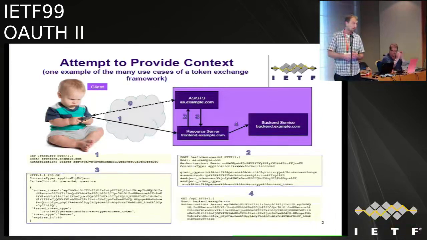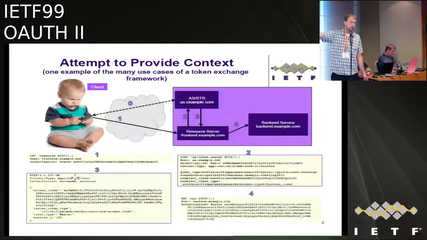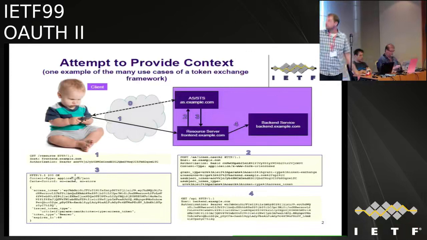One particular use case that we hear a lot is a client in step 0 obtains a regular old OAuth token through whatever flow, device flow, authorization code flow, it doesn't matter. It gets one through a normal OAuth flow and it has it. And it sends it in step 1 to the resource server through a normal RFC 6750 request with the bearer authorization here.